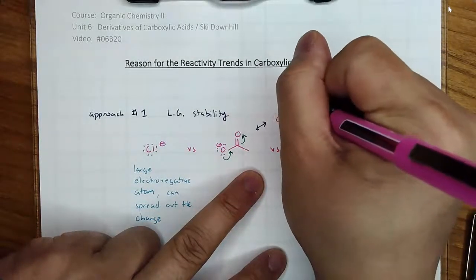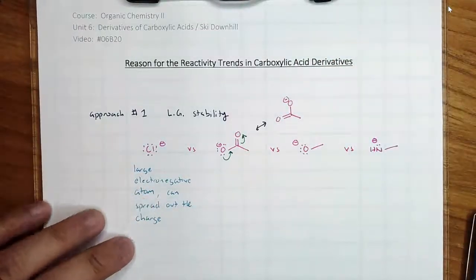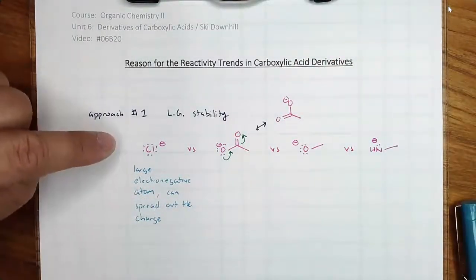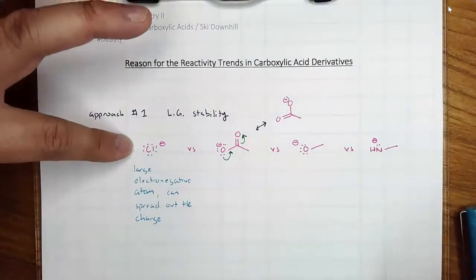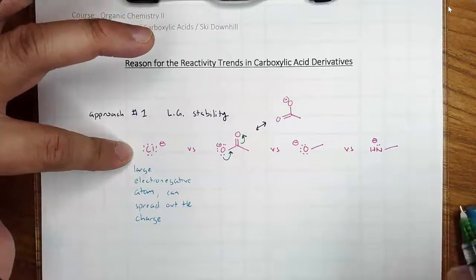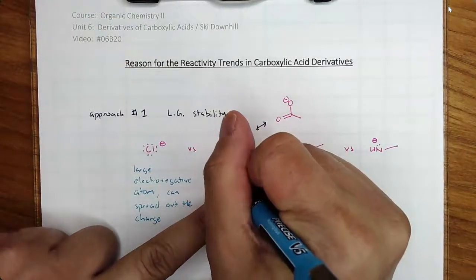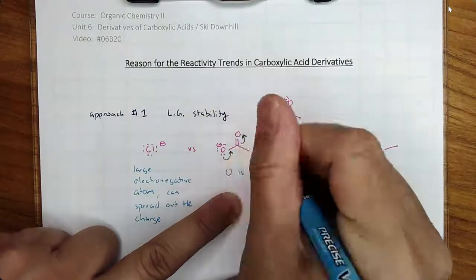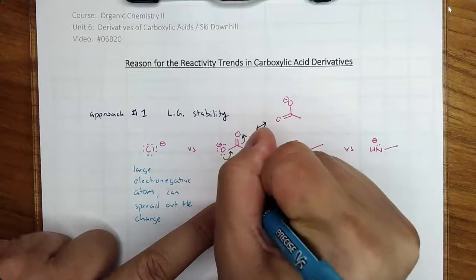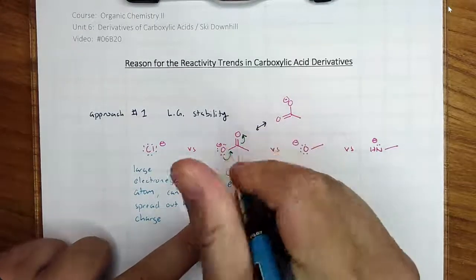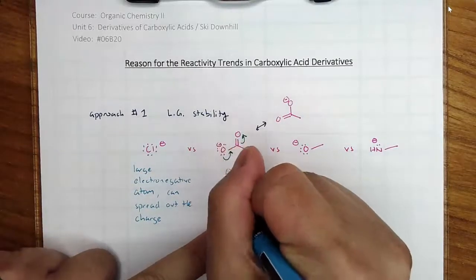And you've learned many, many times that resonance is a stabilizing effect. But it turns out, in this case, that the size of the chlorine atom trumps that. So true, this has resonance, so oxygen is very electronegative, and this carboxylate has resonance.